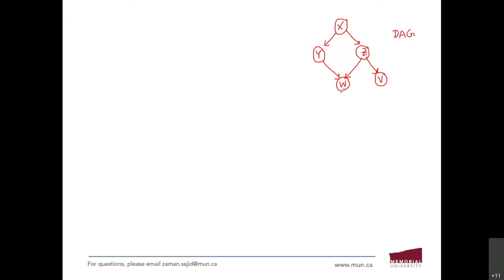Now, W and V in this network are called the leaf nodes. The X here is called the root node because it does not have any parent.